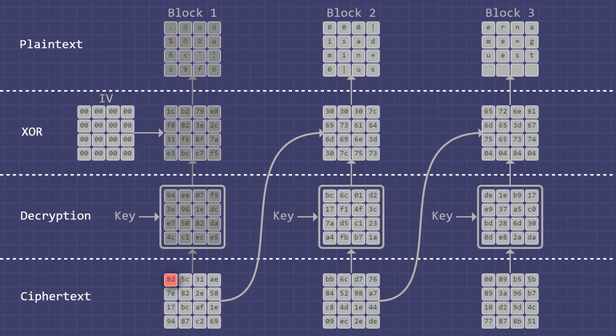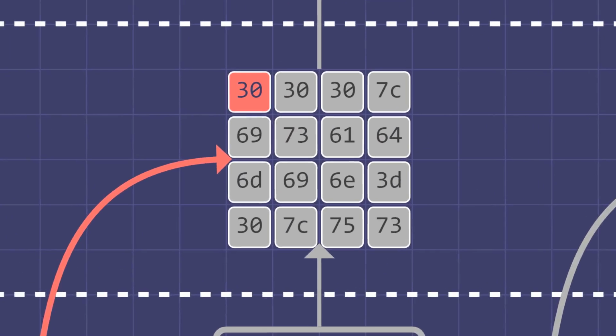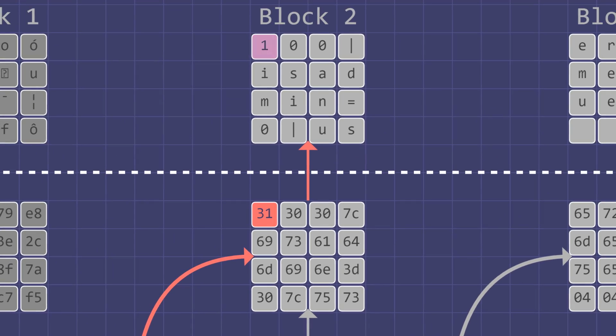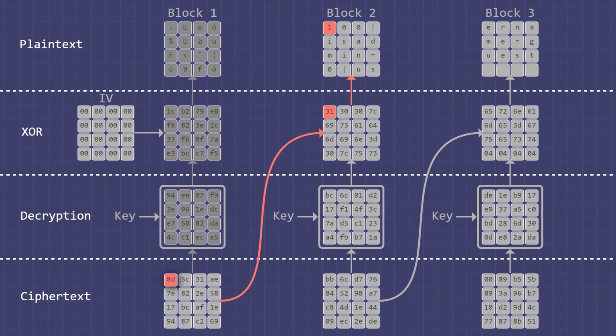But also, this change in the first byte of the ciphertext also affected the second block. That is because the ciphertext of the first block is directly used in the XOR operation of the second block. So now, instead of having a byte 30, we'll have byte 31. We changed the first byte of the plaintext from 0 to 1.